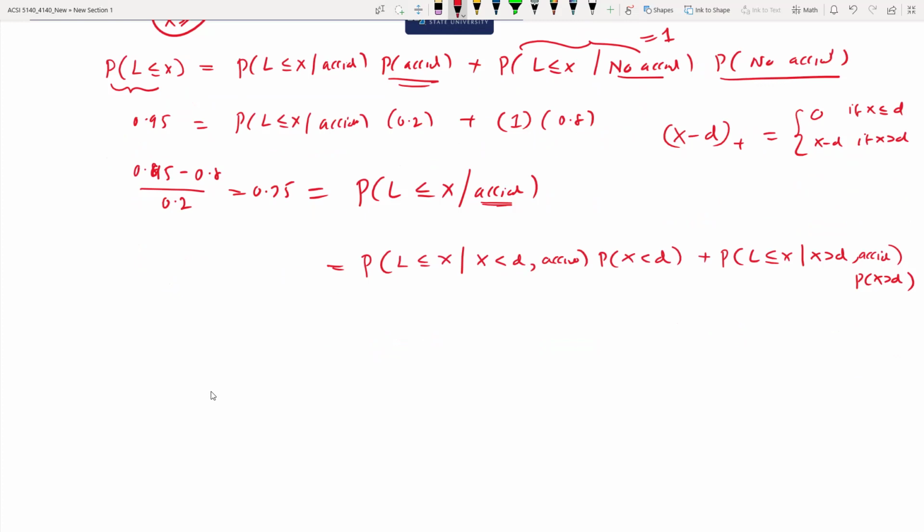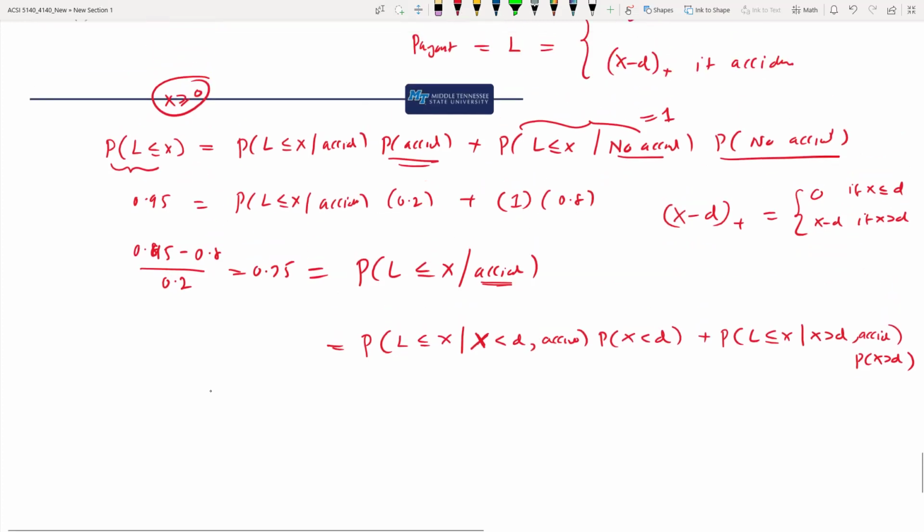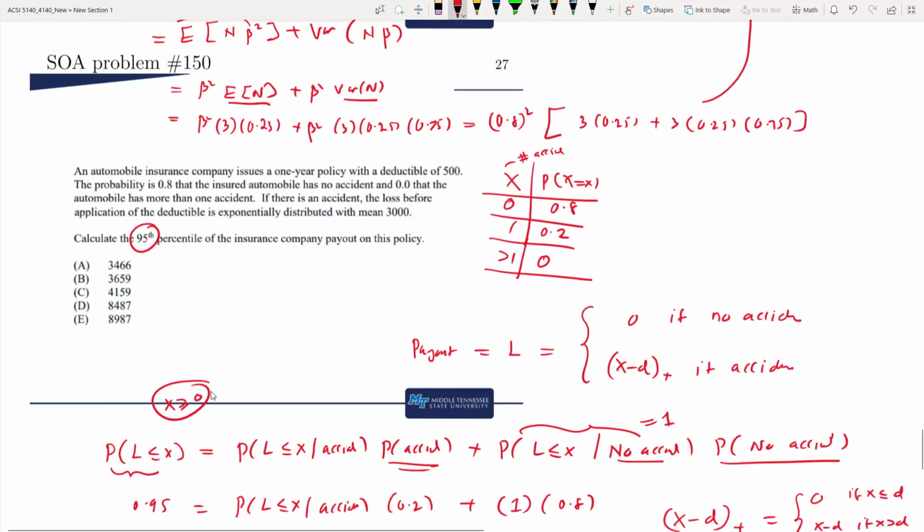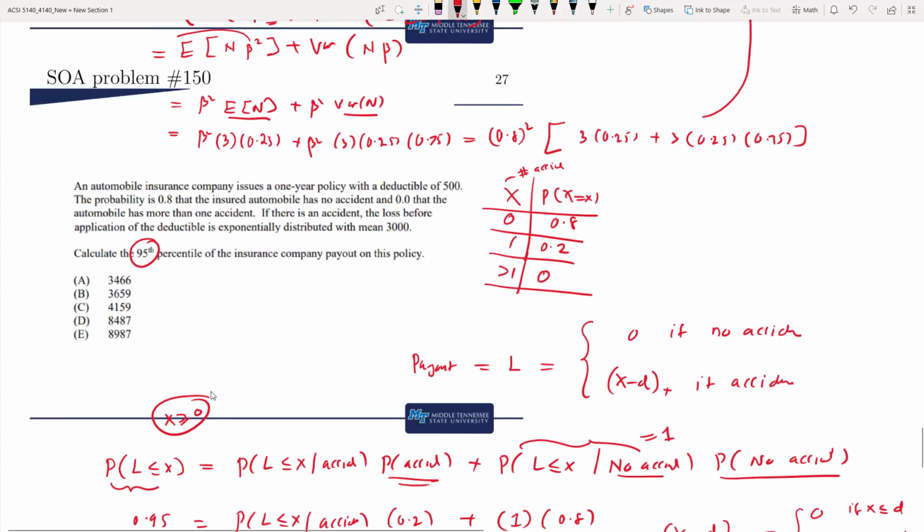So if x is less than d, the loss is a random variable. Let me write this: L is less than d. Wait a second. I may have defined here x is the real loss.